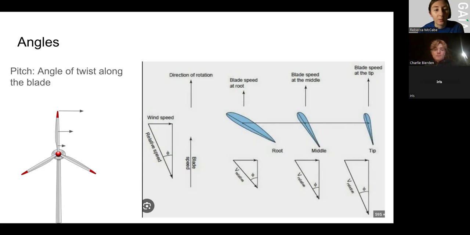Because way out at the end of the blade near the tip, it's going to be spinning a lot faster because you've also got that rotational velocity in addition to the wind velocity. And the difference of the magnitude and direction of that velocity is why you need this static geometry change of the angle that the airfoil is pointed statically as you go across the blade.